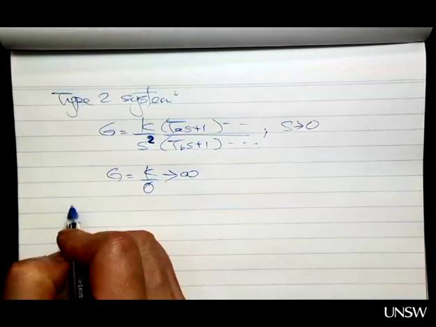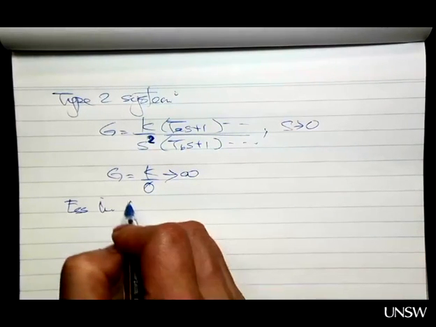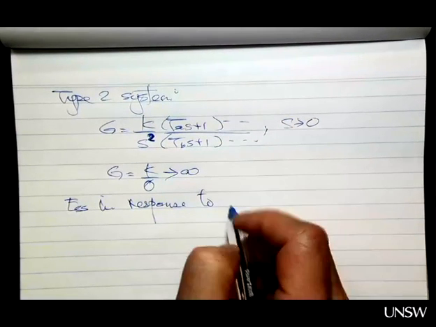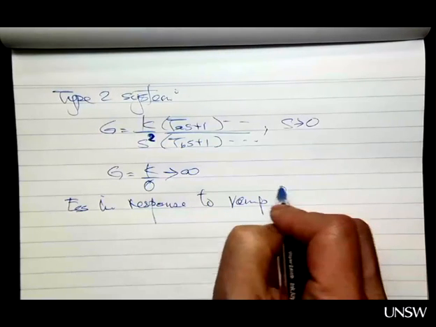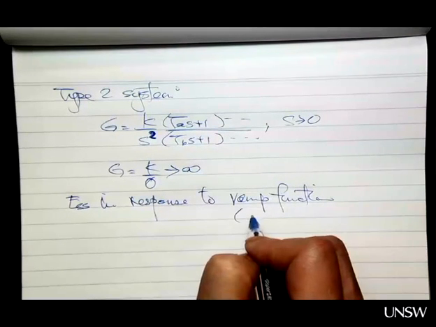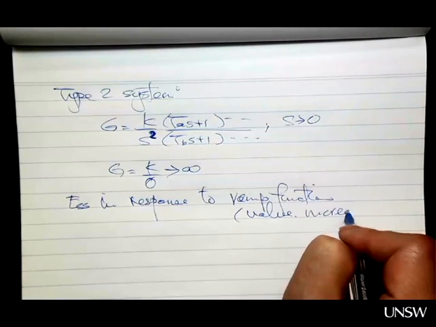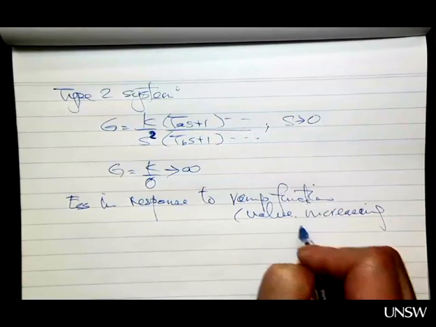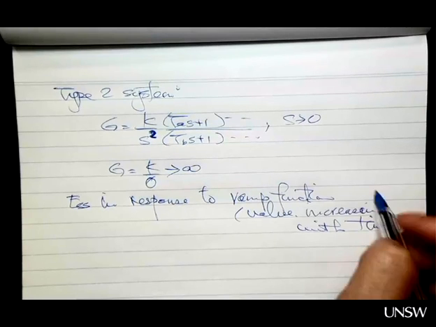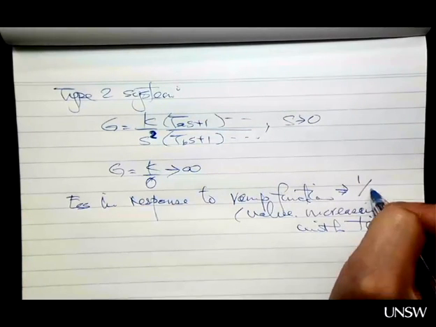Now the error in response to a ramp function, that is the value increasing with time, the Laplace transform is 1 over s squared.